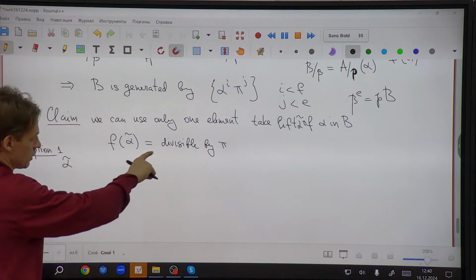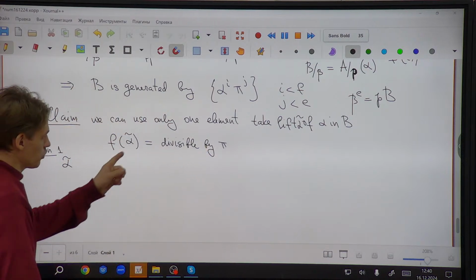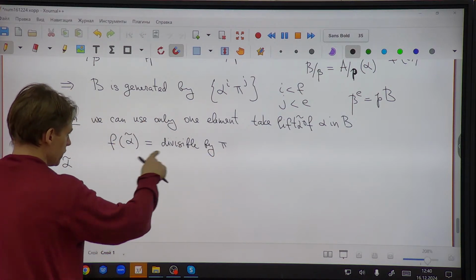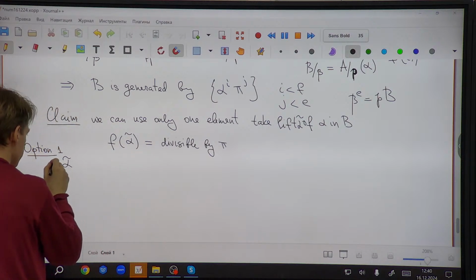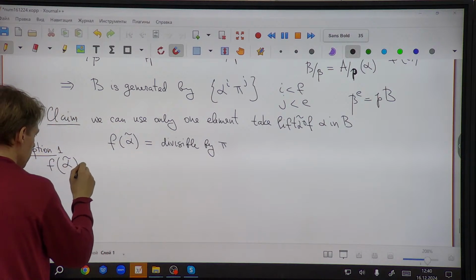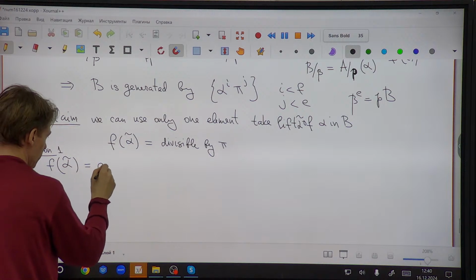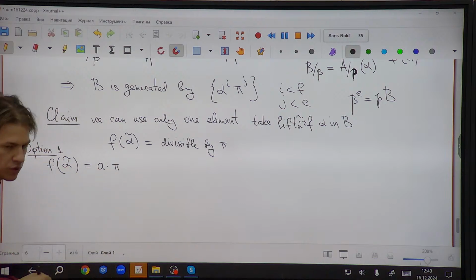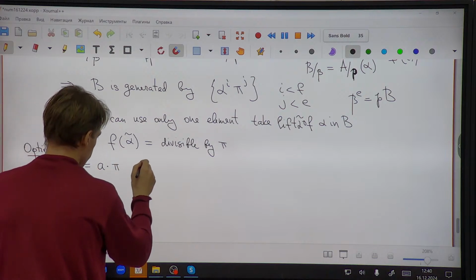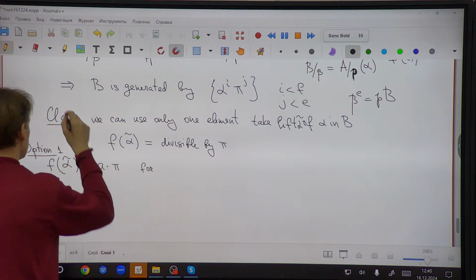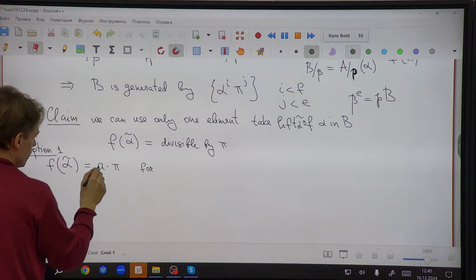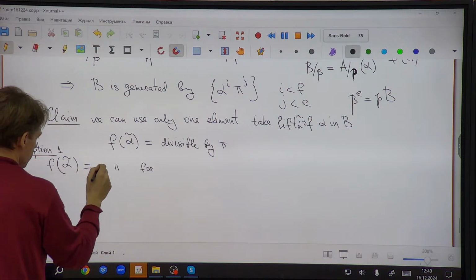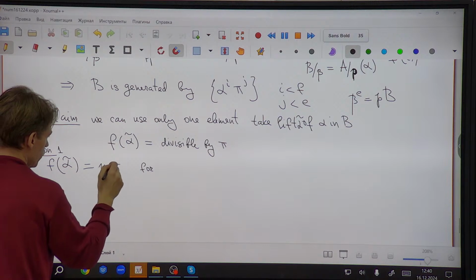So notice, what are the options? f of alpha tilde is divisible by p, and it can happen that f of alpha tilde is already a times p, so for a unit a, so it is proportional to p, so u times p for a unit.